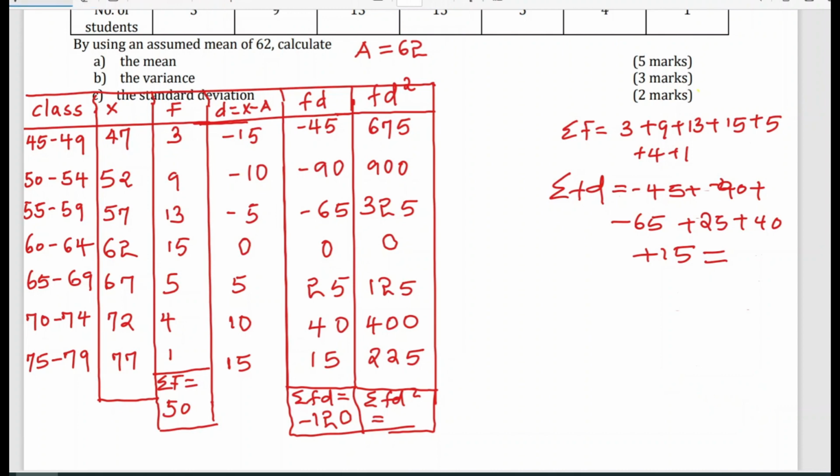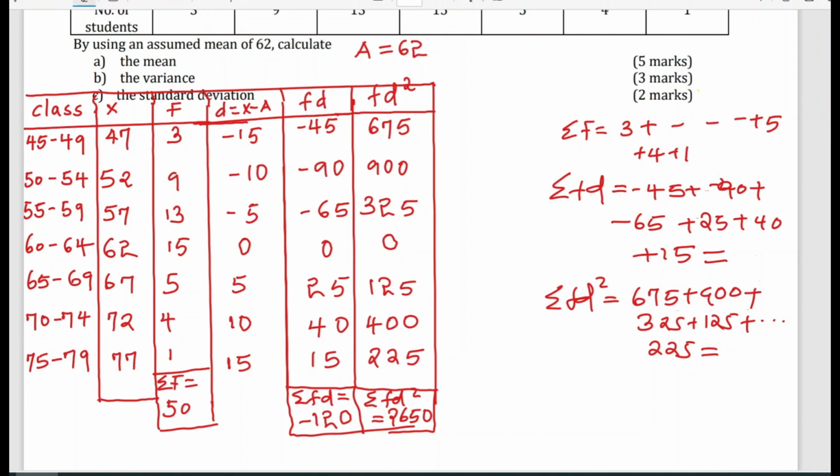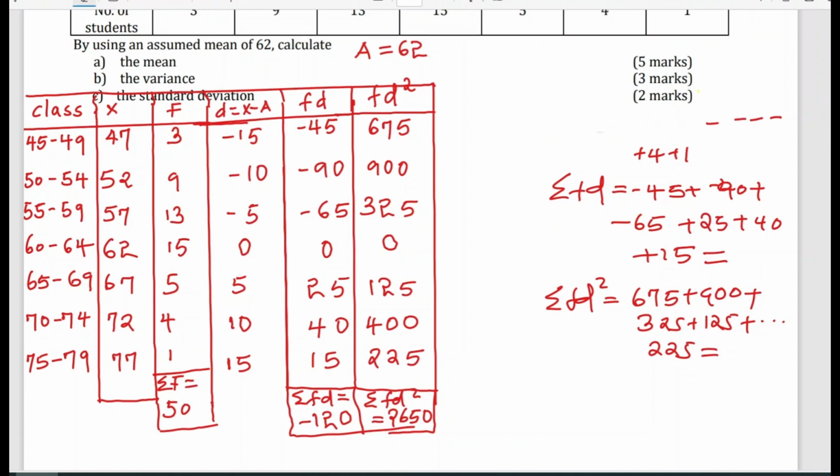So the sum of FD square, we are obtaining it by adding 675 plus 900 plus 325 plus 0 plus 625 plus all the way to 225. You just add, and then we are going to get 2650. Now let me rub this rough work again.